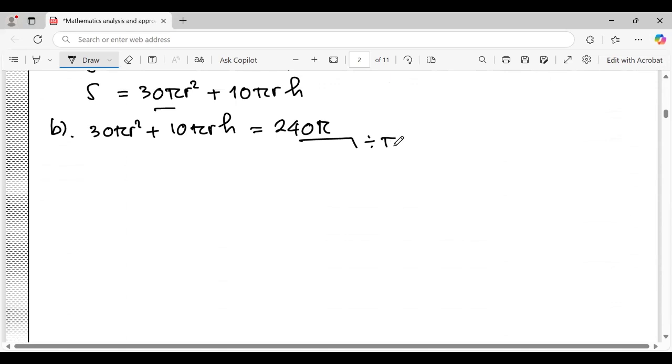Divided by pi, it becomes 30 r squared plus 10 r h equal 240.